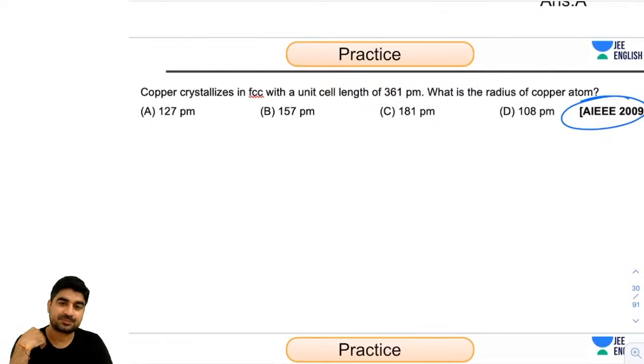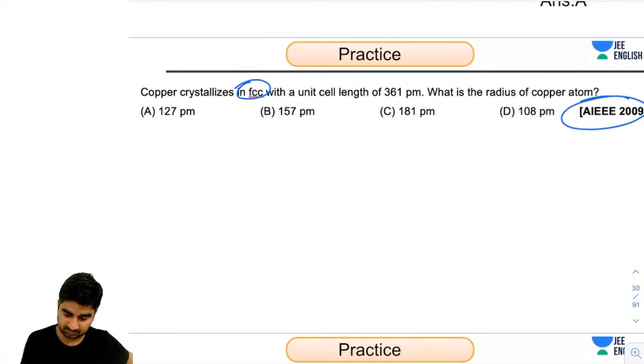Hi Bhanupriya, do this one. Copper crystallizes in FCC with a unit cell length of 361. So what is the radius of copper atom? A is given as 361.